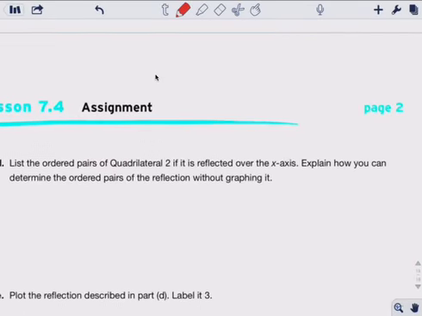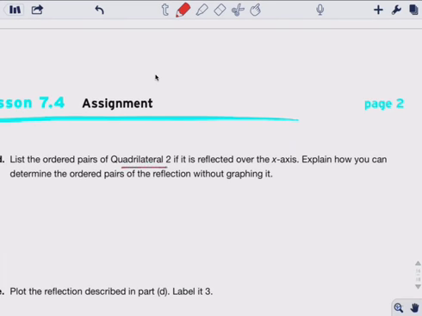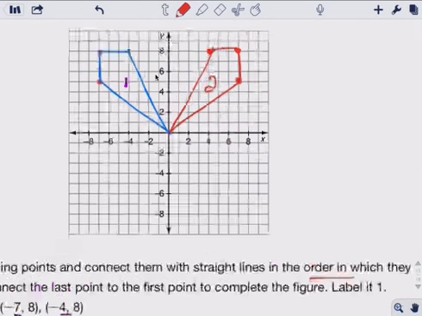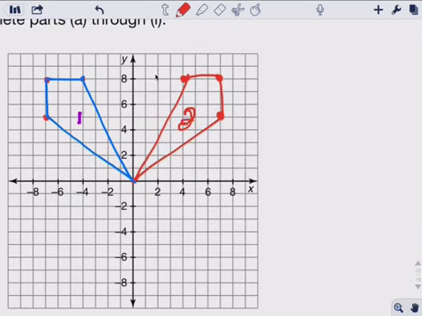Okay, list the ordered pair of quadrilateral 2 if it reflects over the x-axis. Okay, so this is quadrilateral 2 and reflect it over this x-axis. So this x-axis becomes its perpendicular bisector now.